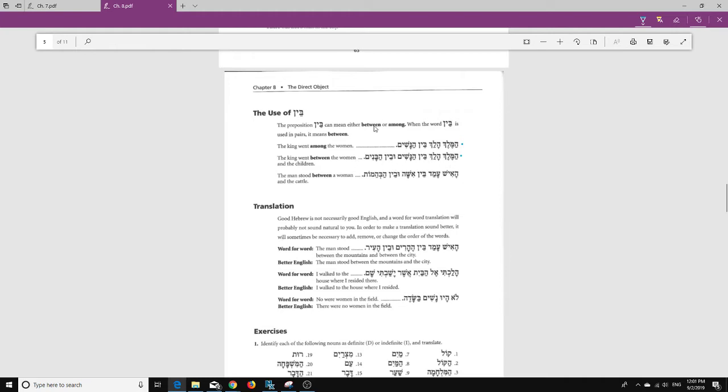And you can see in English these words are very close anyways. It's just kind of a nuance more than anything. Ha'ish amad bain isha ubain ha-behemot. So the man stood between the woman and between the cattle, or the animals.